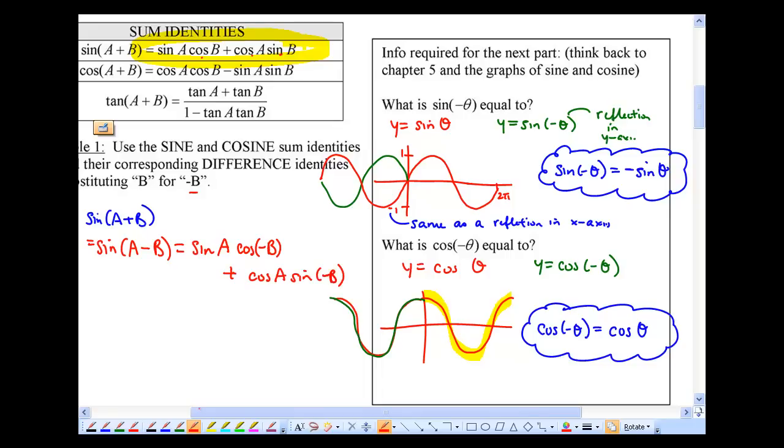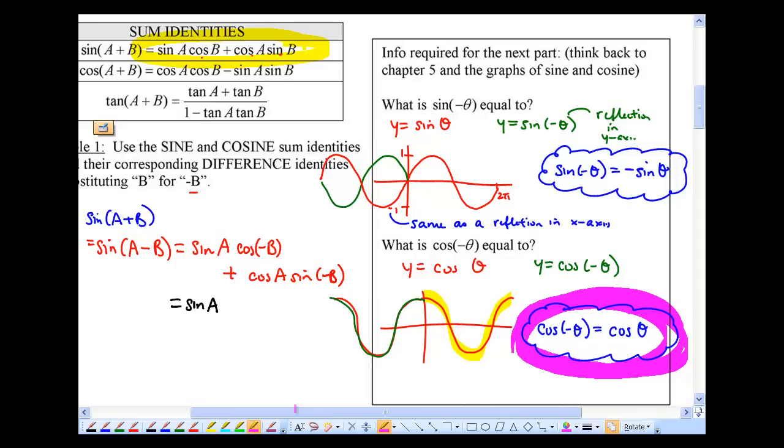Okay? Now, let's see if we can simplify these. Sine A stays the same, but what's cosine of negative B? Well, if you look to the right in the box, cosine of negative theta over here, which I'll highlight in purple now, is actually equal to cosine of theta.